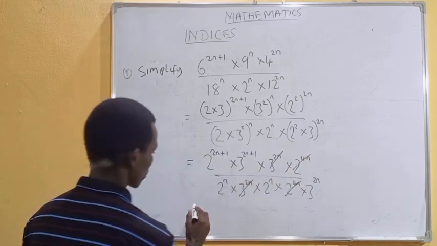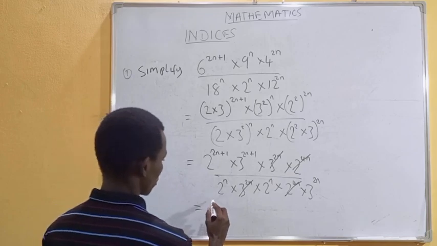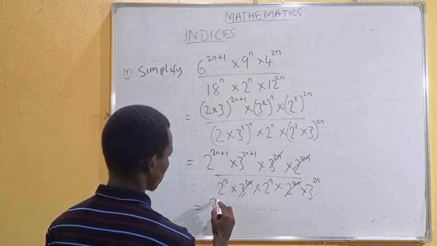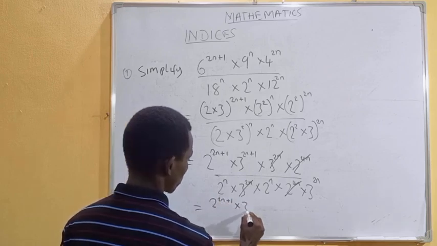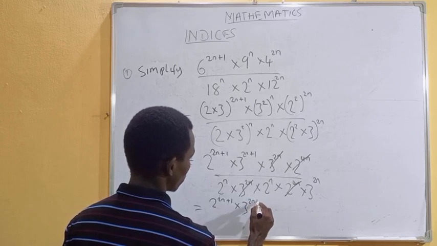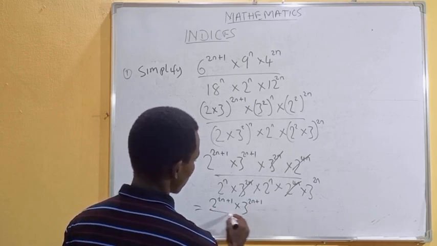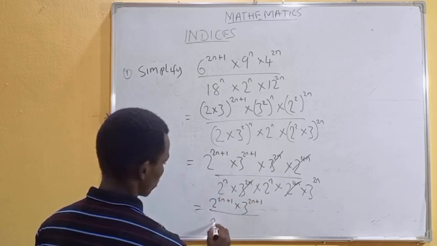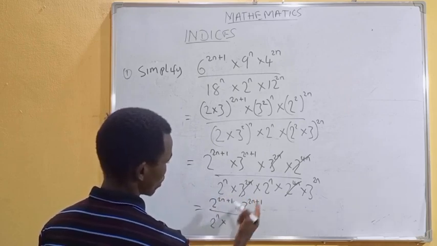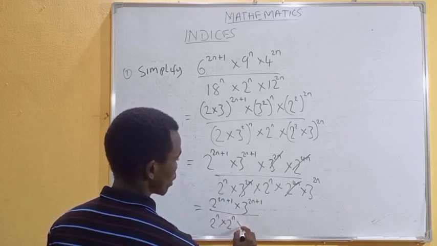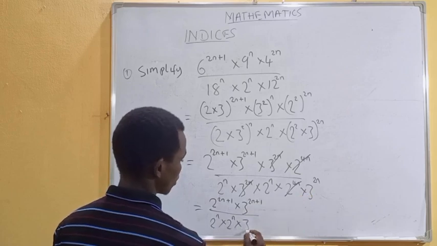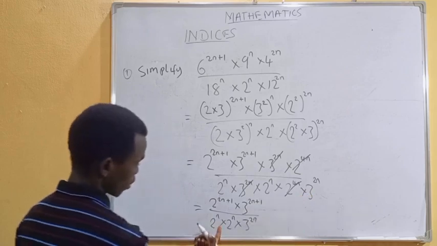So the question will now be 2 raised to the power 2n plus 1, times 3 raised to the power 2n plus 1, divided by 2 to the power 2n, times 3 raised to the power 2n.